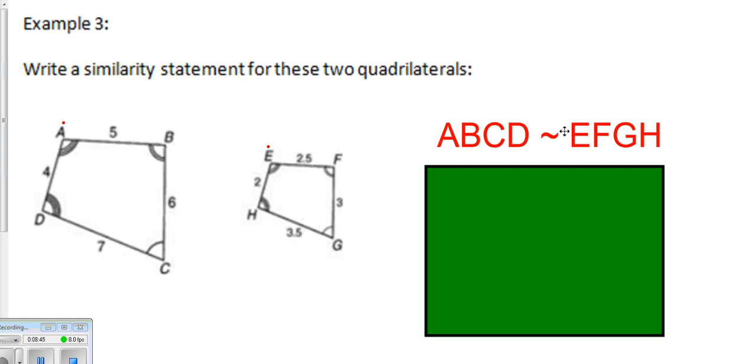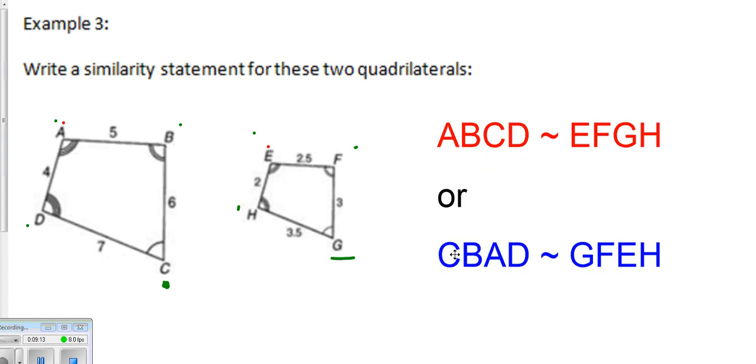We'll use this one squiggle, this similar, to E, F, G, H. Now, let's say we didn't want to start with A and go A, B, C, D. What if we wanted to start at C and go the other direction? So we call this one C, B, A, D. Well, C matches with G, and we'd have to go around this one. So G, F, E, H. So we could also write the statement as C, B, A, D is similar to G, F, E, H.